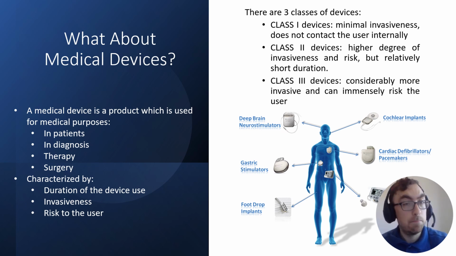Hearing aids, blood pumps, catheters, contact lenses, and electrodes are examples of class 2 devices that have a higher degree of invasiveness and risk, but are only used for a brief period of time. And finally, class 3 devices, which are far more invasive and carry a significant danger to the user through implantables, including cardiac pacemakers, intrauterine devices, intraocular lenses, heart valves, and orthopedic implants.